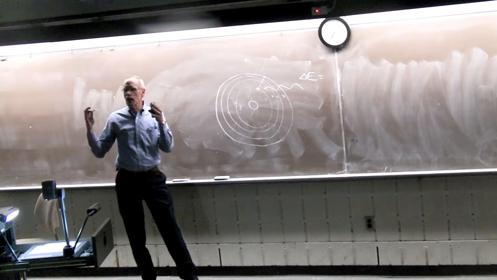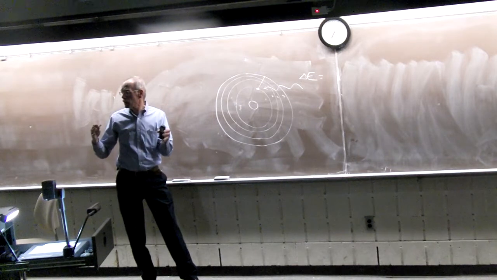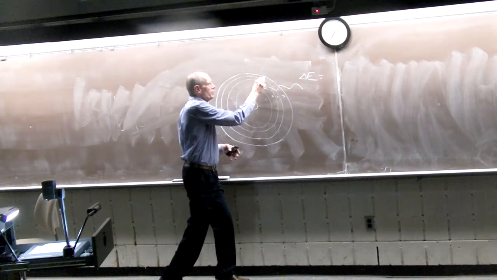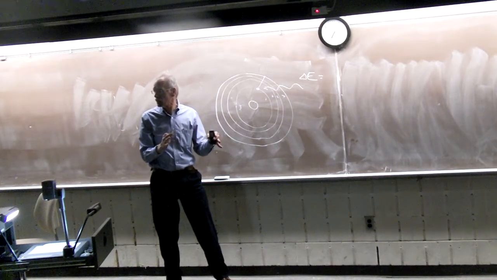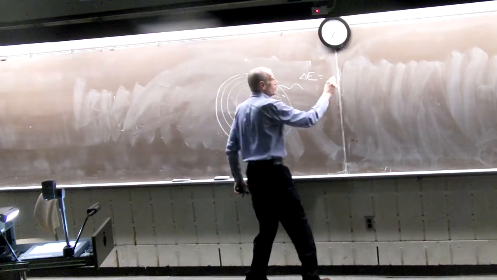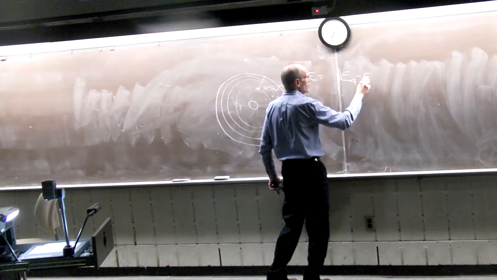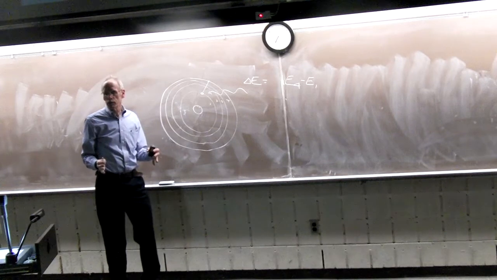Maybe you can't read my mind, but E4 minus E1. It has to get the extra energy from E1 to get up to E4. That's what it needs to gain. You see that? Because right now it's at E1. So it's E4 minus E1. That's how much energy if it were to jump to the fourth.